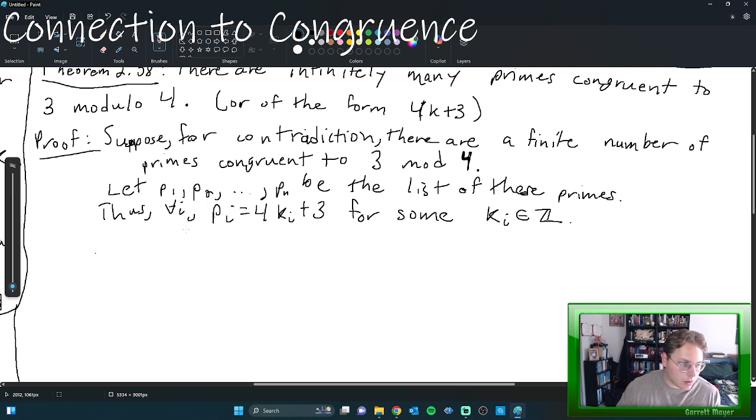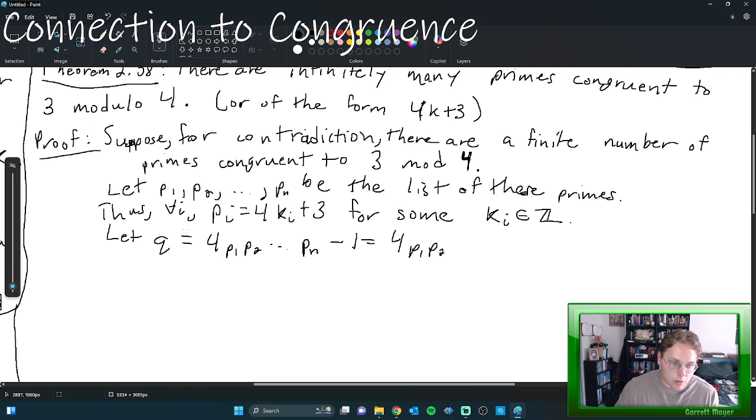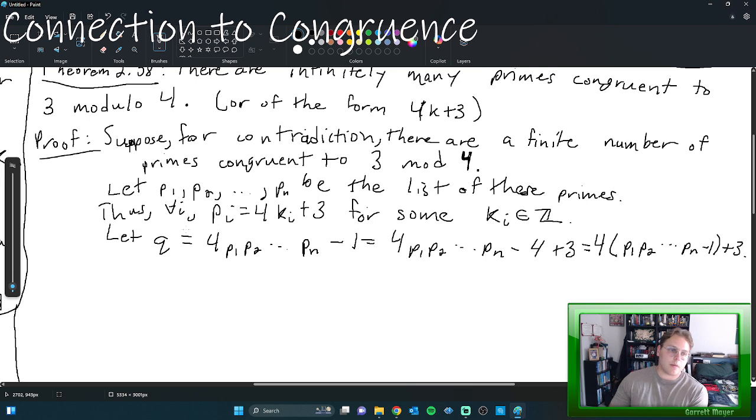So now we're going to let q equal 4 P1 P2 ... Pn minus 1, which equals 4 P1 P2 ... Pn minus 4 plus 3, which equals 4 times (P1 P2 ... Pn minus 1) plus 3. So we're seeing that q is also of this form 4k plus 3.